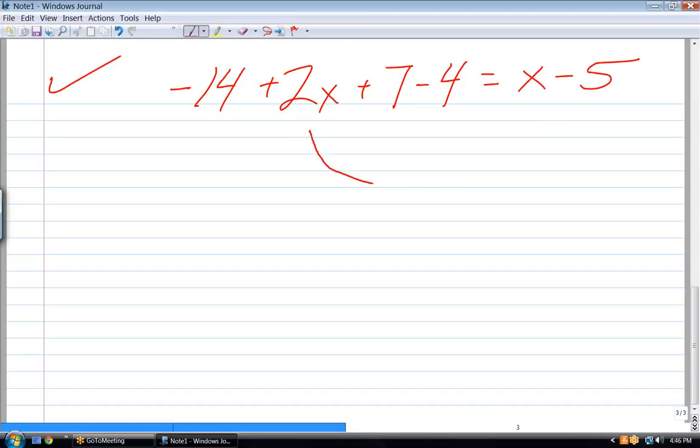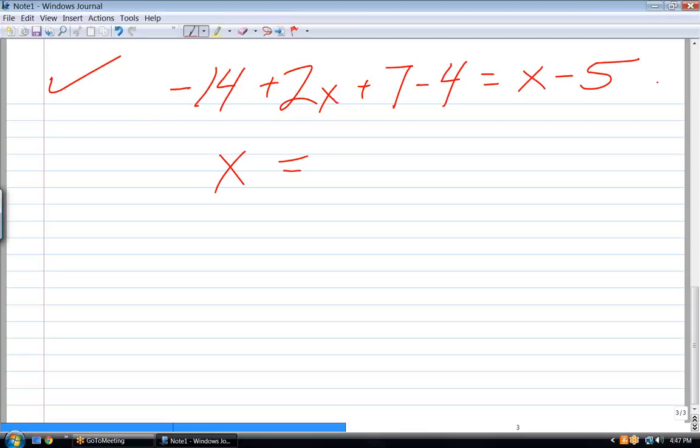Notice that if I move the 2x over to here, I'm going to end up with minus x. But if I move this x to this side, I'm going to end up with positive x on the left side of the equation. So I would choose to do that immediately. In other words, I know that I've gathered all my x's, I'm putting them on one side of the equation, and I want it to be a positive x, so I'm going to put it on the left.